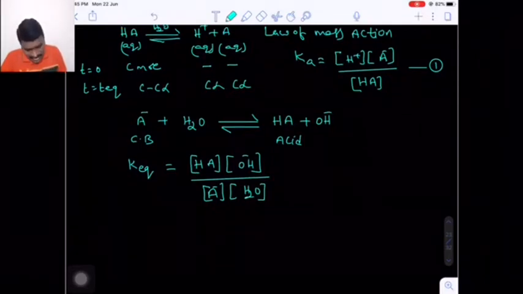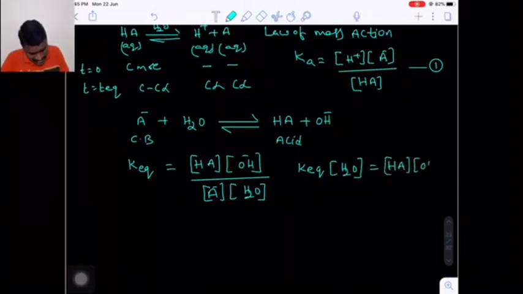So if you cross multiply the equilibrium constant and the concentration of water, this is HA concentration into OH minus concentration whole divided by A minus concentration.